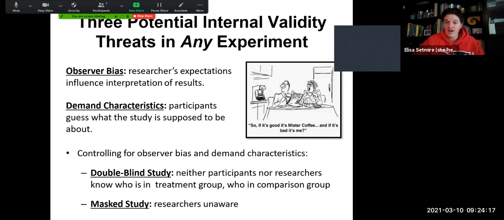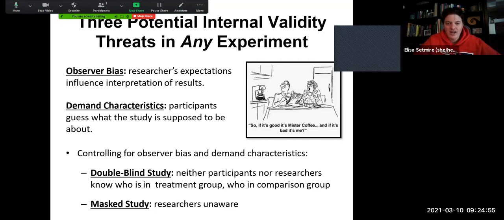On the flip side, we can have something called demand characteristics, where participants guess what the study is supposed to be about, and they change or skew their behavior and responses to act accordingly. Especially if you have a group of psychology students, they might have caught on to what the experiment is about, and they act in a way that they think is more characteristic of what the experiment was looking for.